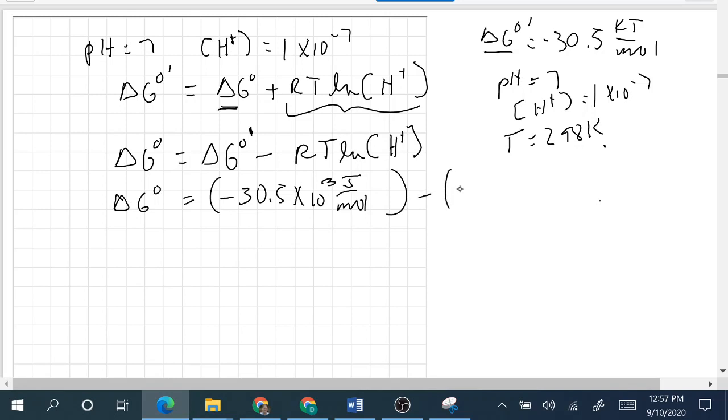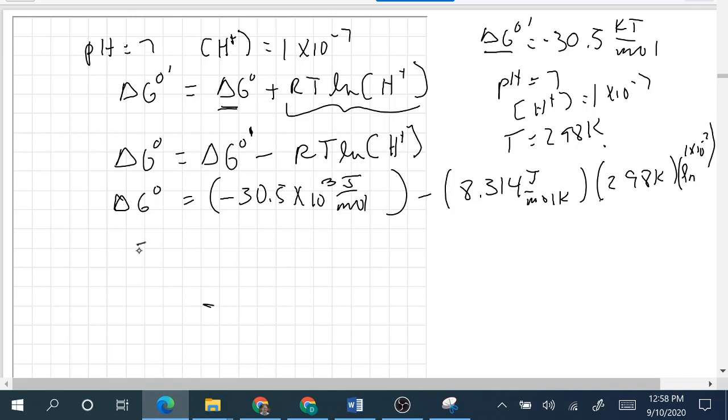Minus 8.314 joules per mole Kelvin times 298 Kelvin, times the ln of 1 times 10 to the minus 7.